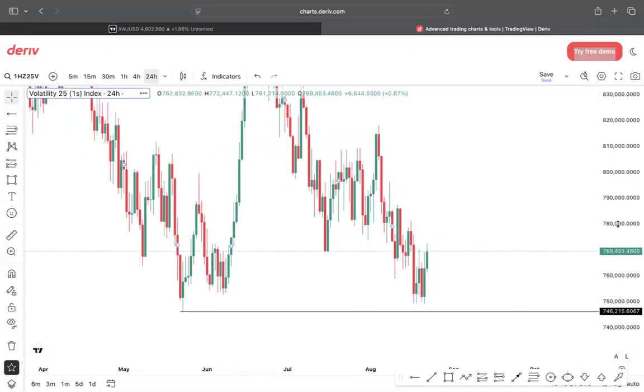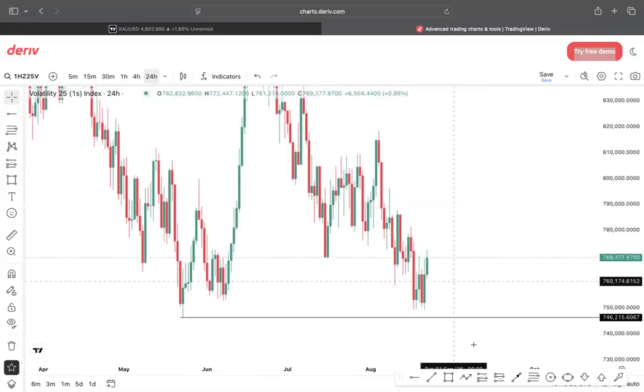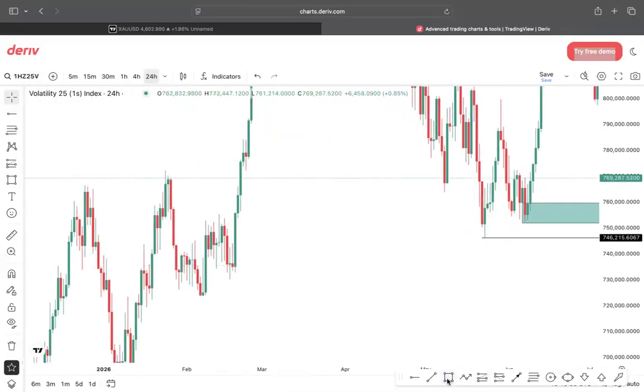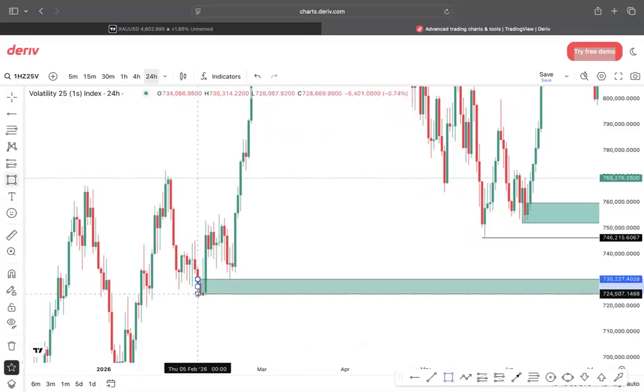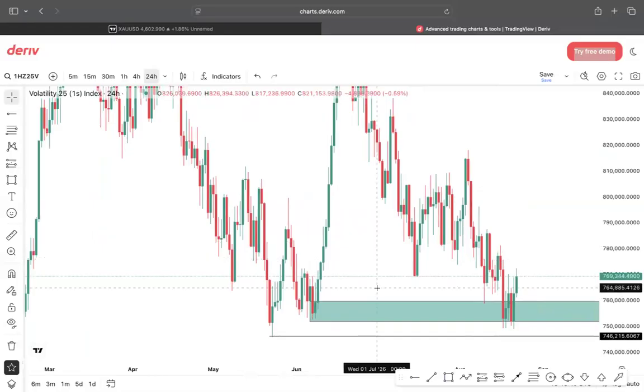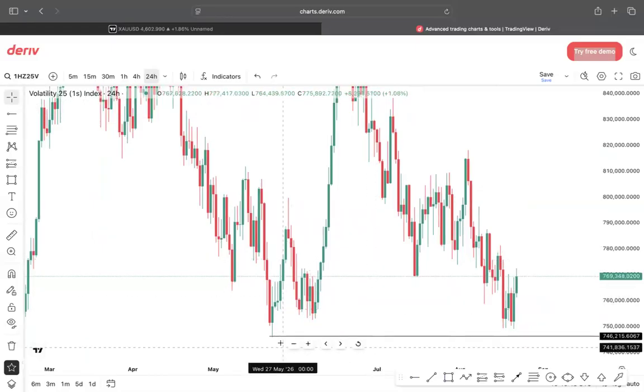Although I am not interested in this sell because there's a contrary POI here, so I'm just out. I'm waiting for price to come here, give me a valid confirmation, and then I begin to look for my buys. Let's see the POI that I had this week together.